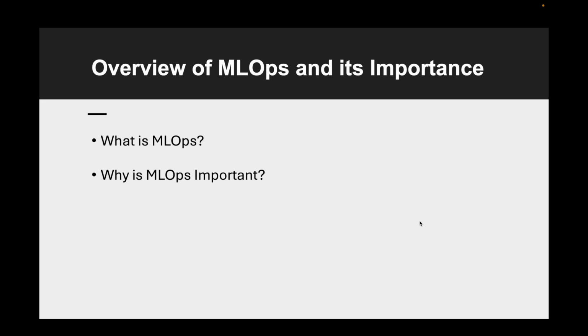Model lifecycle management. It provides a framework to manage and maintain models throughout their lifecycle, including monitoring performance and handling drift. Collaboration brings together cross-functional teams, data scientists, ML engineers, DevOps, etc., for better productivity and smoother workflows.